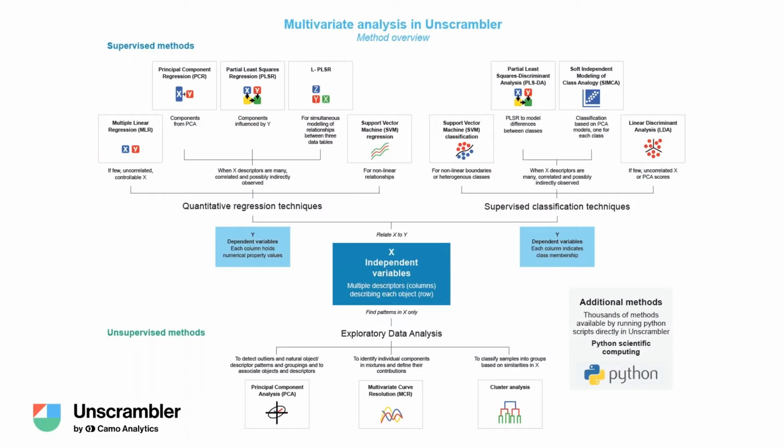This is an overview of the main methods you will find in Unscrambler. At the bottom, you will see methods that require one data table as input, where the aim is to look for patterns in the data and investigate relationships in one data table. At the top, you will see supervised methods, either for multivariate regression or classification.